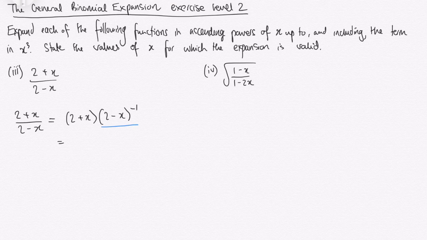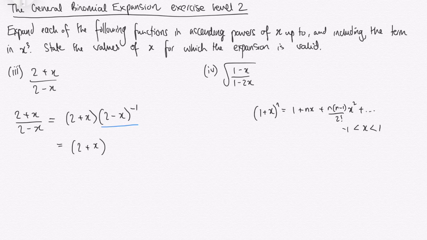So this is equal to (2 plus x) lots of, and remember we need to take a factor of 2 here because in our general binomial expansion we have 1. In particular, that is the expansion of (1 plus x) to the n is equal to 1 plus nx plus n(n minus 1) over 2 factorial x squared plus these higher order terms, for when x is between negative 1 and 1.